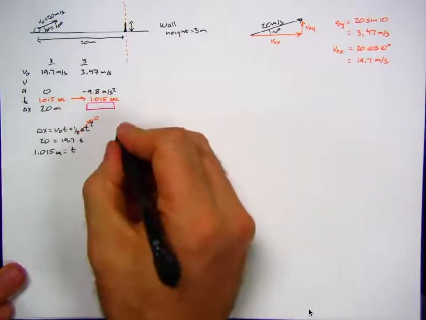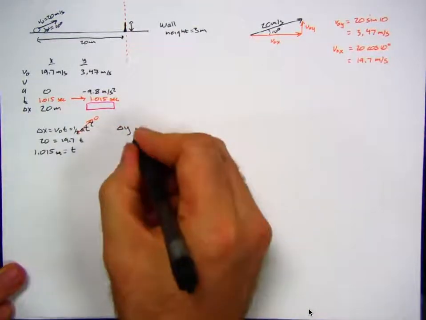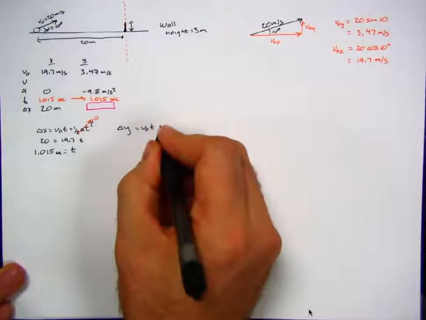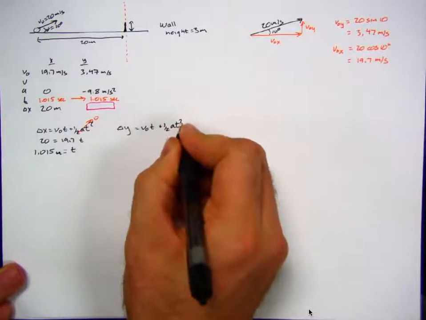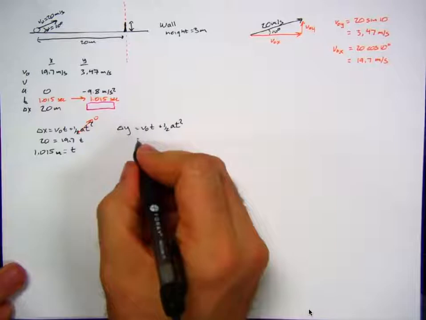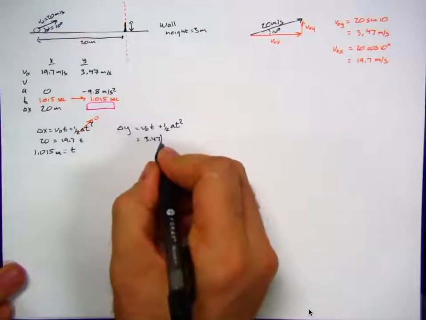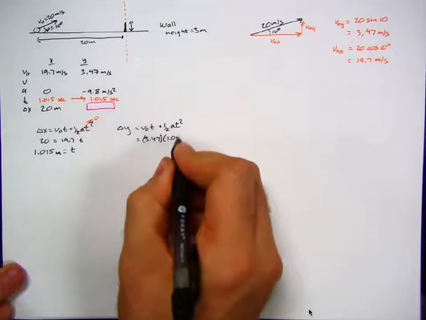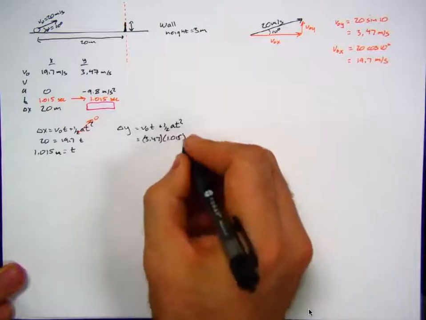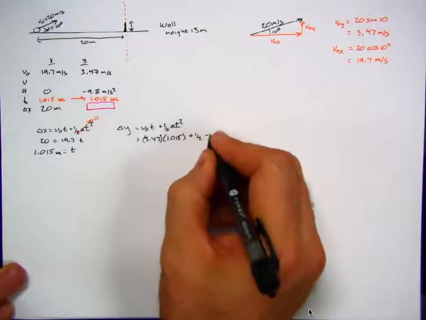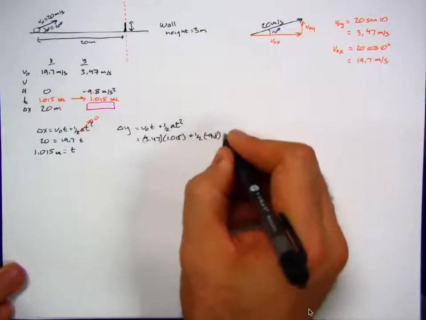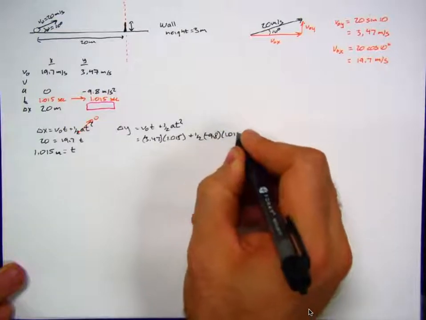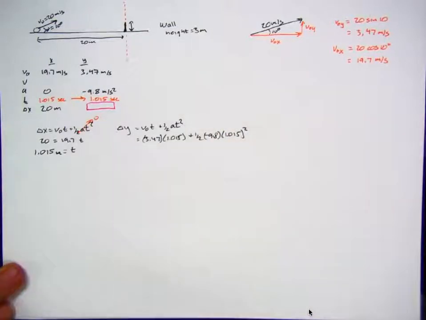So delta y is v0t plus 1/2 a t squared. Delta y is equal to 3.47 times 1.015 plus 1/2 times negative 9.8 times 1.015 squared. And those are all numbers.